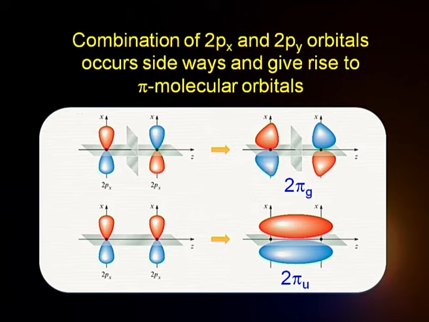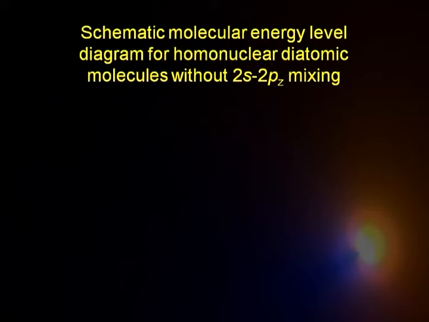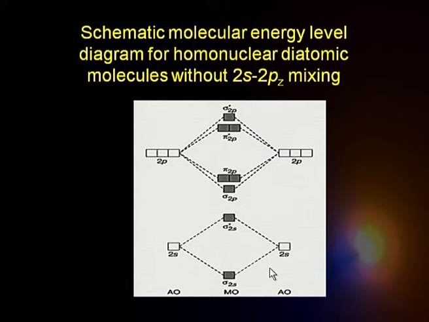Okay. So we have seen how we generate molecular orbitals by combining suitable atomic orbitals of the two atoms A and B. Now this can be summarized in a molecular orbital energy level diagram. For homonuclear diatomic molecules, without 2s-2pz mixing, the diagram will look something like this.